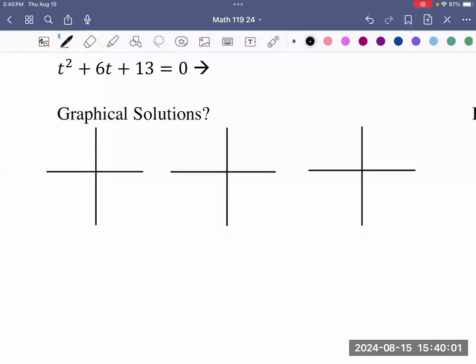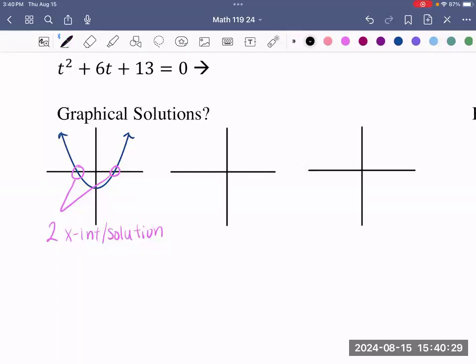At most we can have 2. We've been talking about that from the beginning of class. So depending on how we draw it, either up or down, we can have at most 2 solutions, 2 x-intercepts.